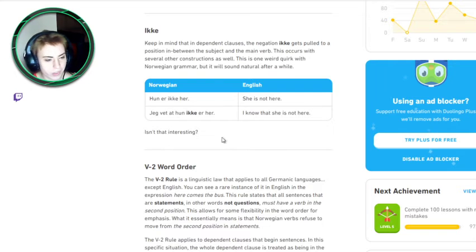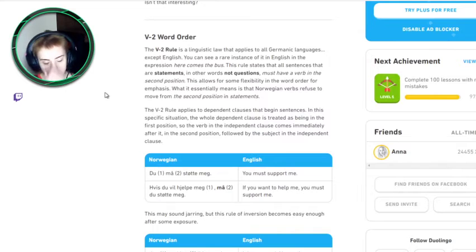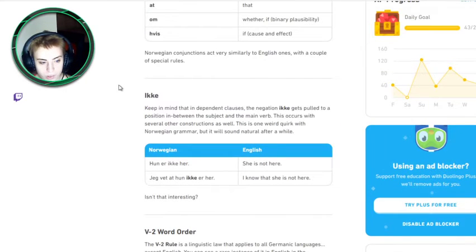Well, this sentence is kind of similar to the English version. I know that she not is here. So these words are kind of flipped. Isn't that interesting? But yeah, so it's just a matter of recognizing dependent and independent clauses.